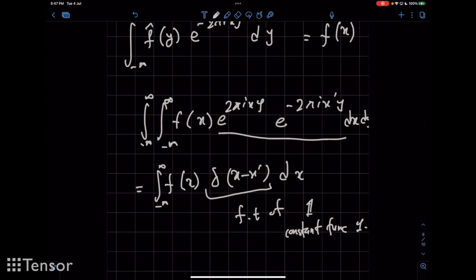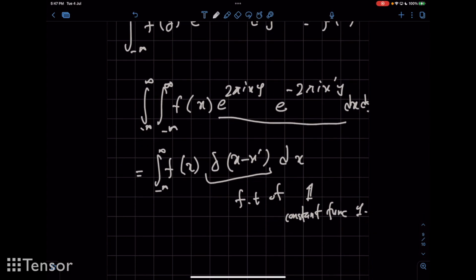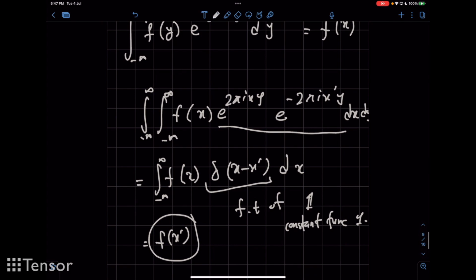And if you are familiar with this distribution theory, then you can say that this is exactly equal to f of x prime. But that's not the main focus of us today. So we're going to assume this is true, like we did in the group theory and complex analysis review parts. Okay.